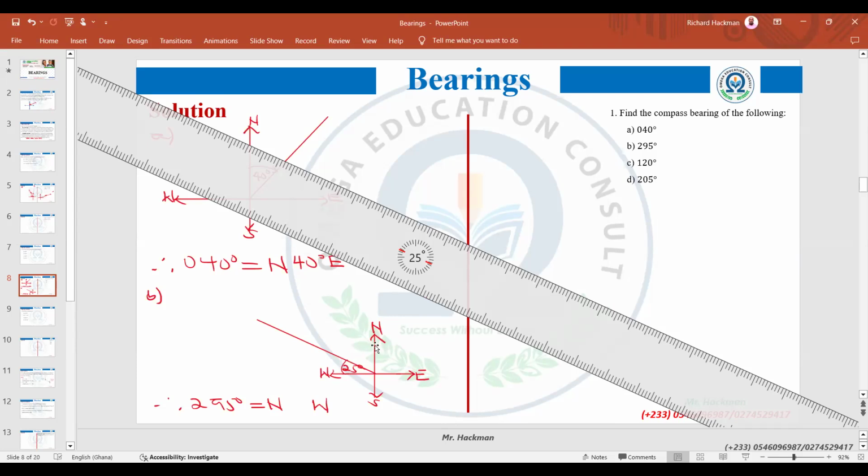Okay, from north, what angle should I move to get to this line in the west direction? I subtract this from 90, and that will give us 75. Okay, 75 degrees. Yes, please.